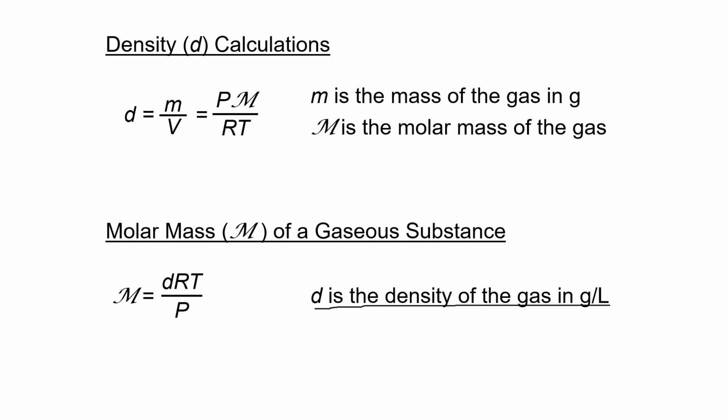If you think back to our initial discussion of density, liquid densities are in grams per mL, solid densities are typically given in grams per centimeter cubed, and gases in grams per liter. And next up, we'll do some problems, and I'll show you that derivation of the ideal gas equation before we move on to other gas topics.